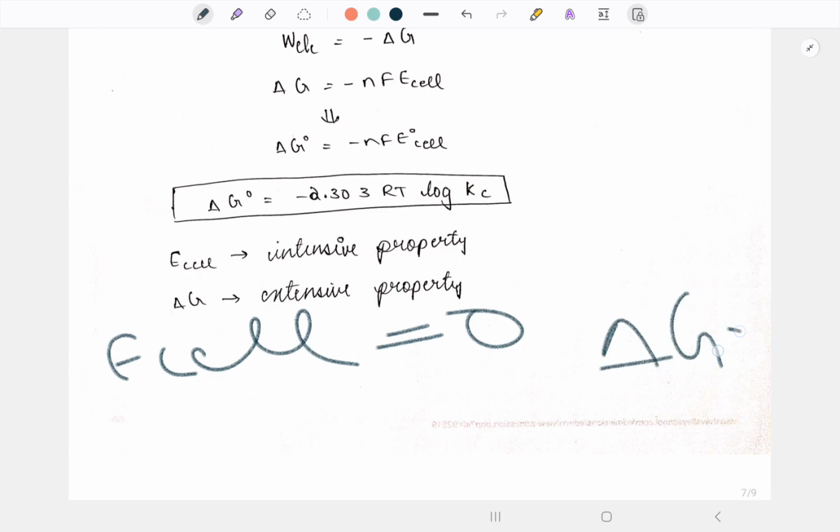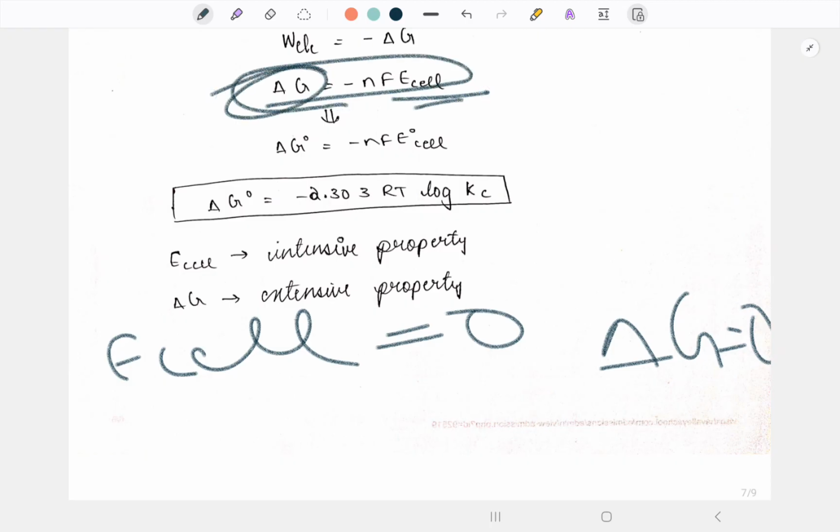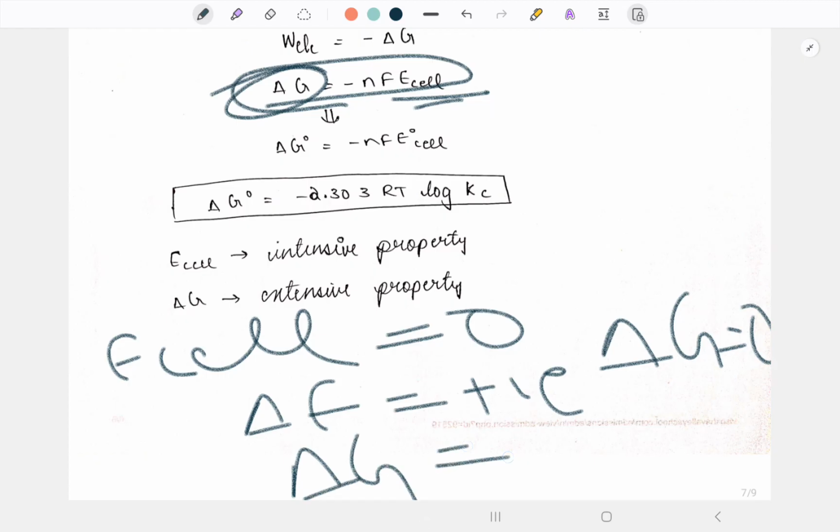Subsequently, delta G will also be 0 because of the formula. So if the E cell is 0, then delta G will also be 0. This reaction is only possible if E cell is positive and delta G is negative. So this is the chemical equilibrium.